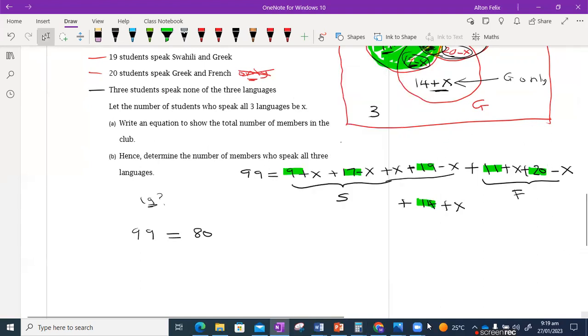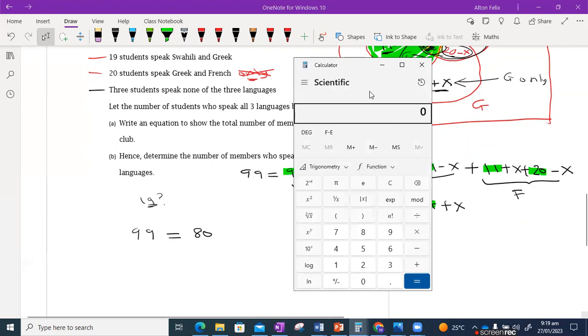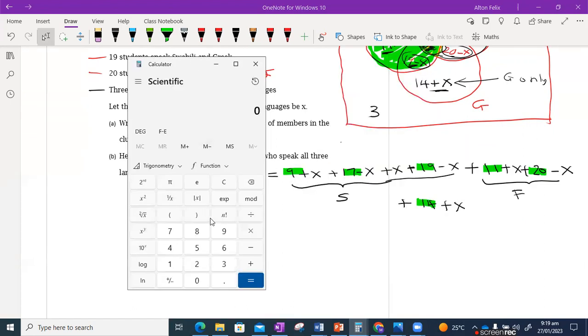Let's do that. It's always good to try to do it mentally, like mental arithmetic, but let's double check. 9 plus 17 plus 19 plus 11 plus 20 plus 14. Right, I'm getting 90. What did I write here? I put 80, you see? So it's always good to double check.